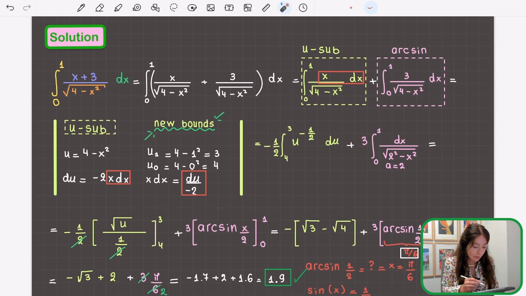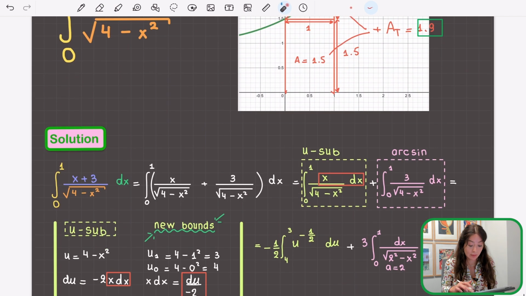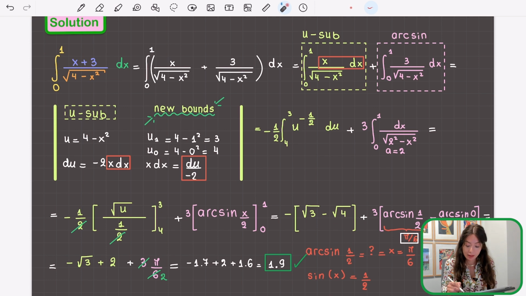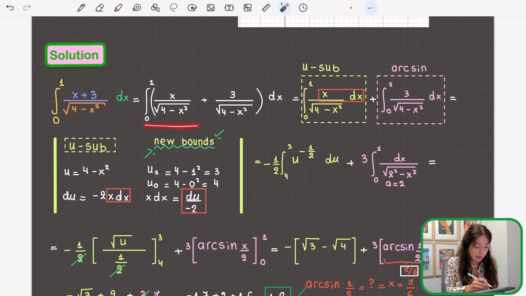So let's review what we did. Obviously we did this in a rough way so that we could see, once we do all this work, if our answer makes sense, right? Then we separated the numerator. We wrote it as two separate functions. We recognized that this was arcsine.